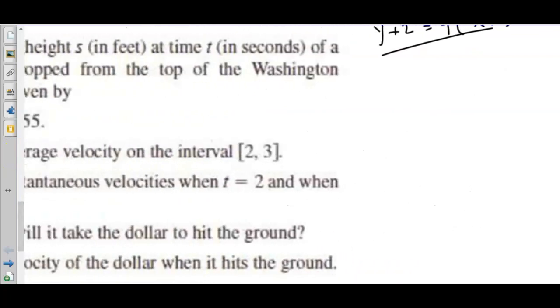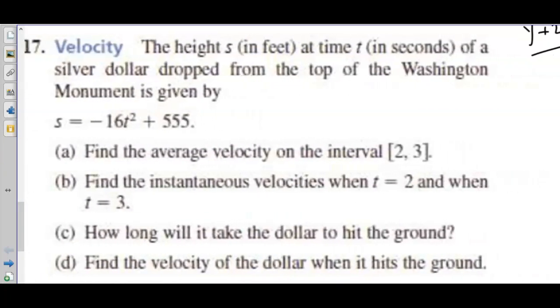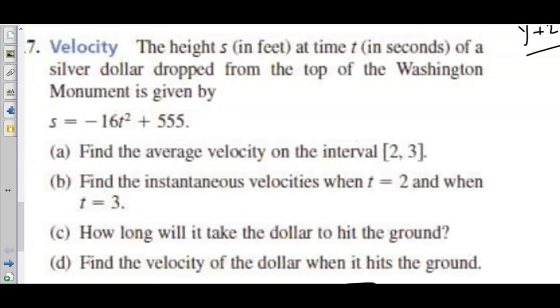All right. Let's see here. This question right here: find the average velocity. First we have to find the average velocity, part A. To do part A, for this interval you have to find S of 2 first.